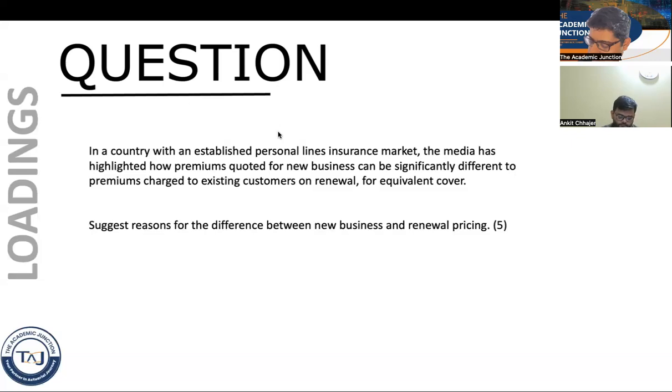For example, where the commission is more on the new business, the new business premiums are higher, and on the renewal pricing the commissions are low, and hence a difference in pricing.